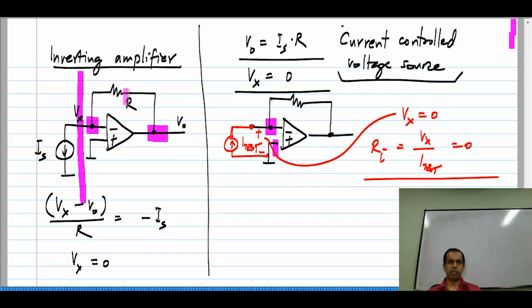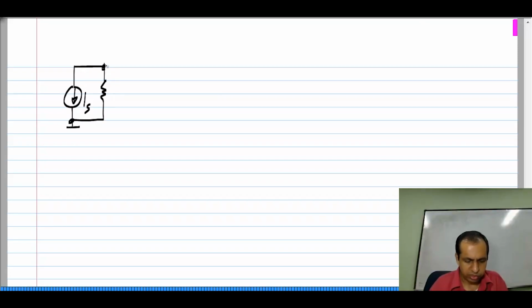What I mean by that is, if the input resistance is 0, even if the current source is imperfect, the circuit will behave in exactly the same way. Let us say the current source had some resistance across it. That is, it is not an ideal current source, but it is the Norton equivalent of some circuit which has Is and some Rs across it.